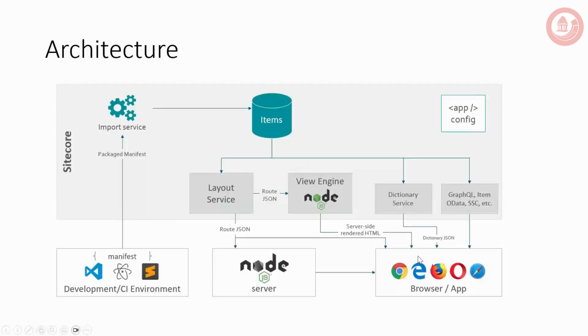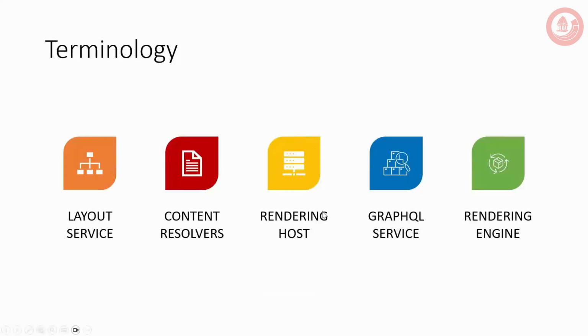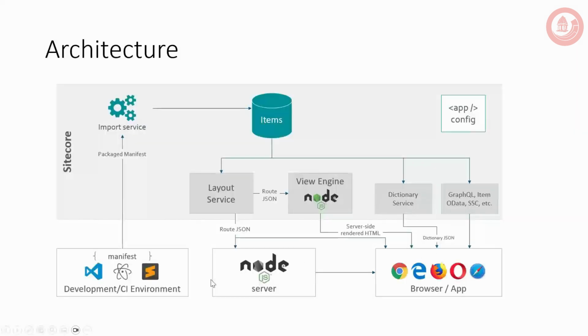There are two differences you can find here. The layout service here is telling the Node.js server, this is what I talked about just before, this is what is called the rendering host. So your rendering host is this Node.js server. You are hitting this Node.js and you are getting the layout service. Whereas it is called integrated mode if your Node.js is sitting inside the CM environment or in the Sitecore instance itself, maybe out of process, that will provide from the layout service and it will directly give you the HTML.